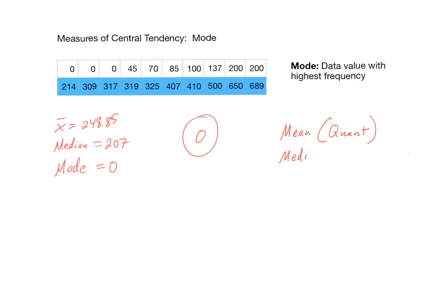Median can also only be computed on quantitative data. It requires you putting the numbers in order. Well, there is no order relationship on qualitative data. So median can only be computed for quantitative data, but the mode can be computed for quantitative or qualitative.